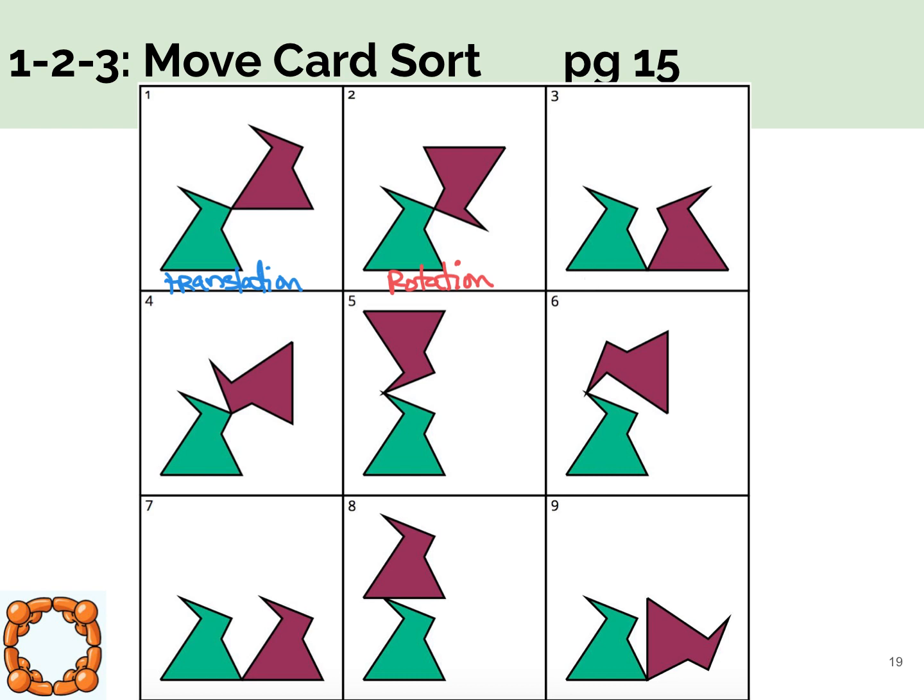This is a reflection. Looking at number 4, number 4 is also a reflection. It's a little bit different, but if I put a line kind of down this way, it is actually a reflection. Okay. Number 5 is also considered a reflection. If I put a line up here, it is reflecting, so this is a reflection.